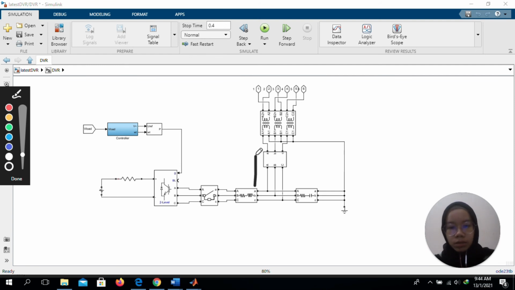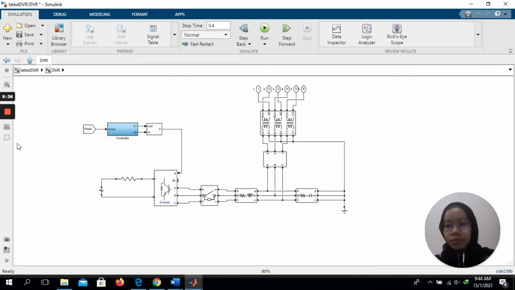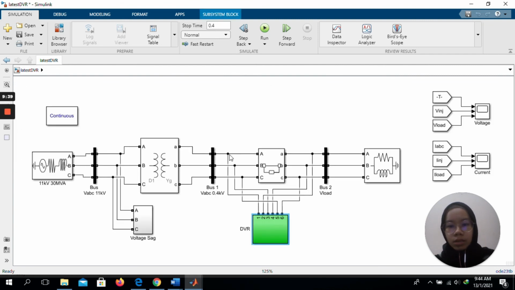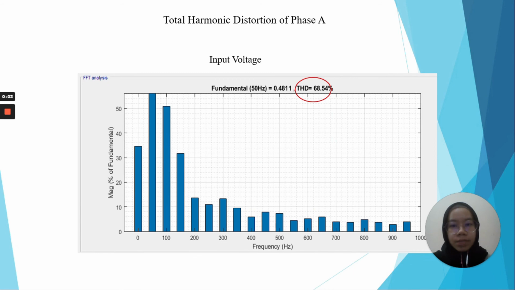The voltage without any sag or harmonic is then injected back to the line by the injection transformer, and then it will be sent to the customer load.